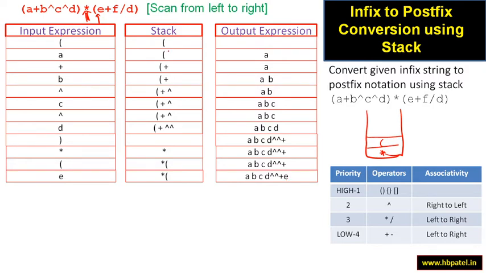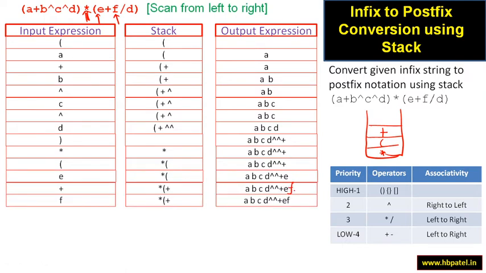Then we have plus. So plus we push on the stack, because we know that after an opening bracket, all the operators we push until we find the closing bracket. Then comes f, so f is added over here, and then comes division, which is pushed on the stack. So on the stack I have multiplication, opening bracket, plus, division.